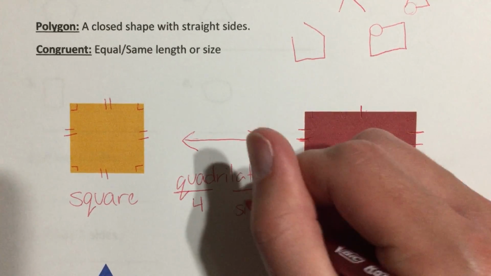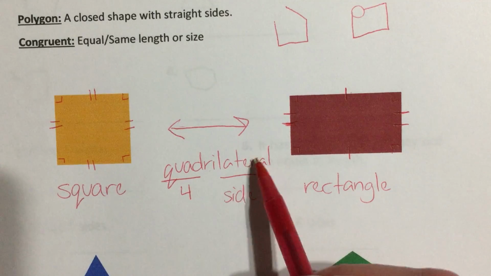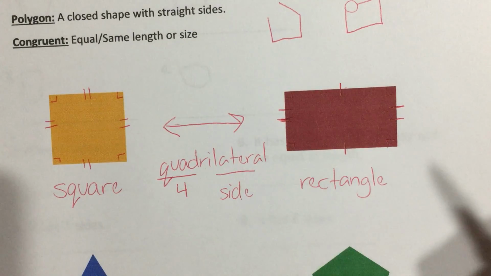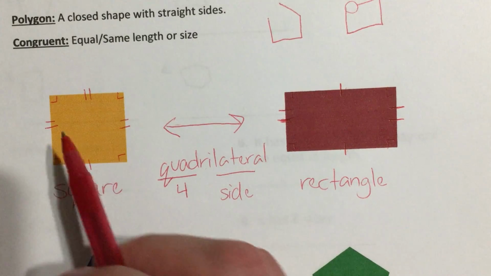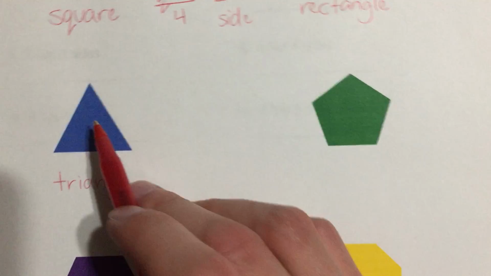Lateral, side. 4-side shape. There's going to be a few different kinds of those that you'll see eventually. We'll talk about other kinds, but quad, 4, lateral, side. 4 sides, 4 sides. That's why they're called quadrilaterals. Fancy word for saying these guys have 4 sides. Anyway, moving on. Triangles, 3 sides.